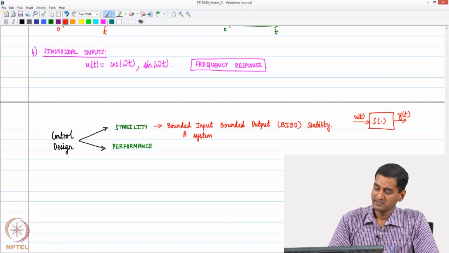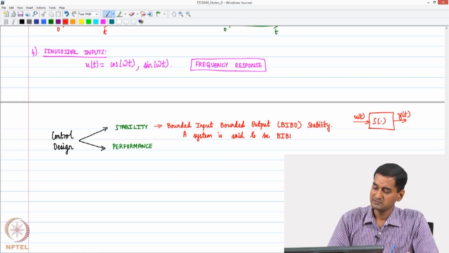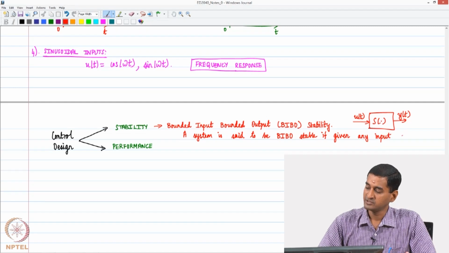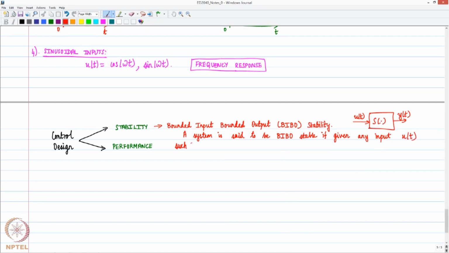A system, of course belonging to our class, is said to be BIBO stable if, given any input u of t such that the magnitude of u of t is less than some positive real scalar m, which is obviously finite, for all t, the output of the system is always bounded in magnitude.